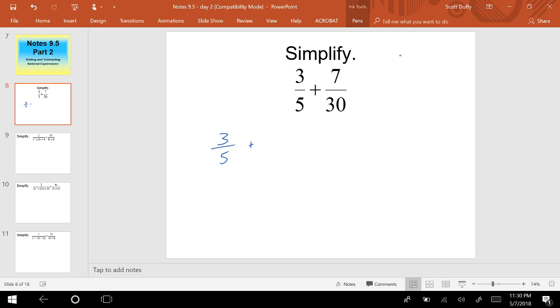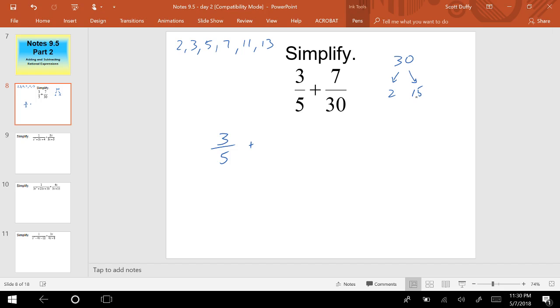Now the 30, if you divide it by 2, you're left with 15. If you divide 15 by 2, you don't get a whole number, so you have to then divide by 3. Remember, the prime numbers are 2, 3, 5, 7, 11, 13, and so forth. You probably won't have to use any numbers past that.